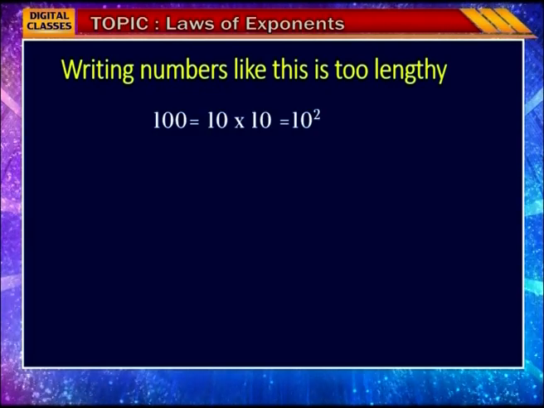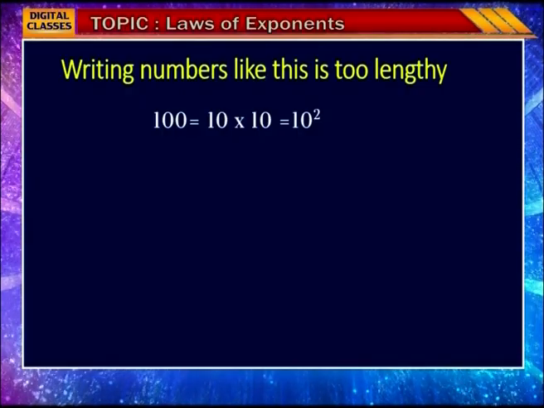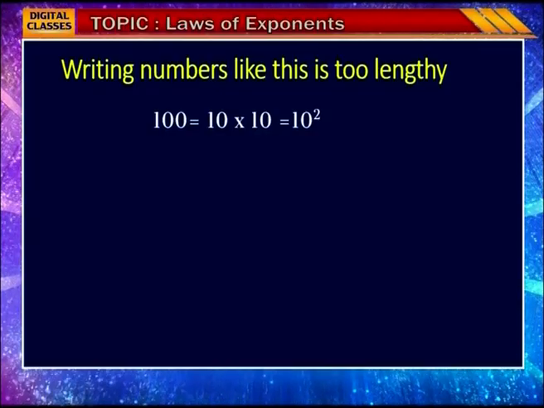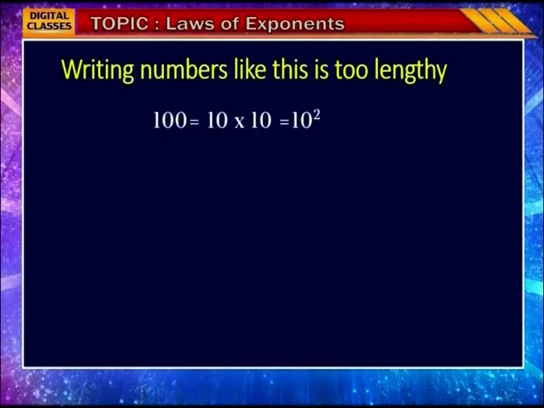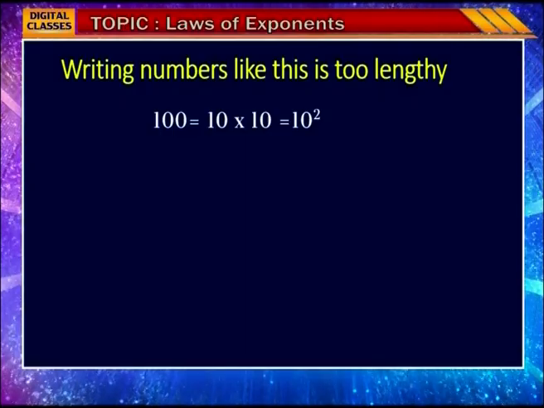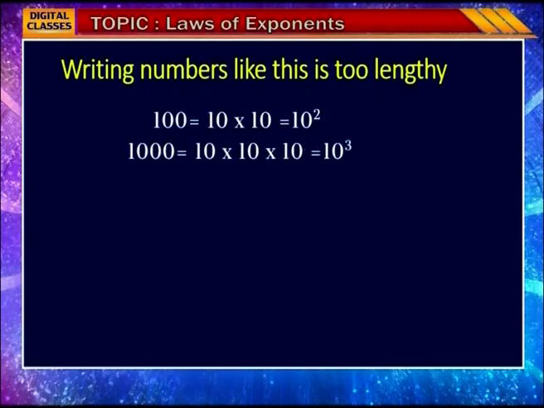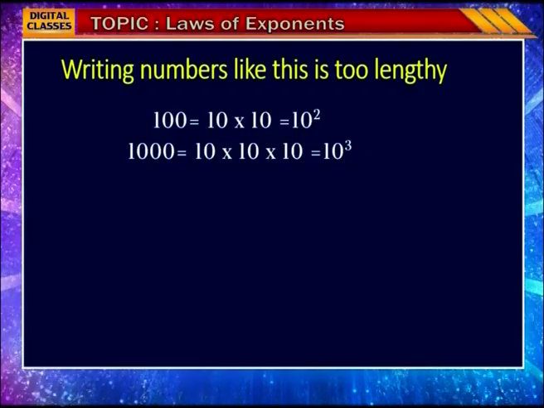Let us see. Here 100 can be written as 10 into 10. How many tens are multiplied? 2 tens. Therefore, we can write 10 to the power of 2. See here 1000. In 1000 how many zeros are there? 3 zeros.